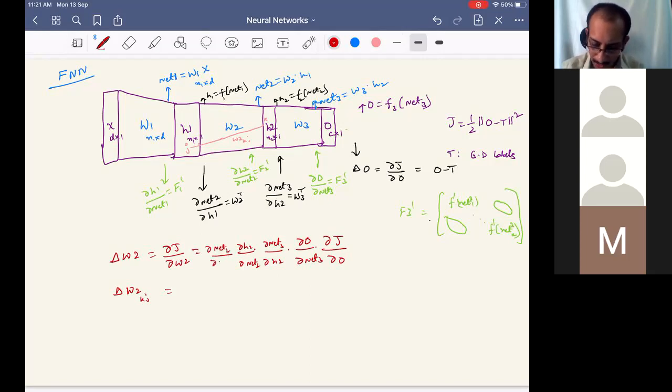Am I correct or not? This is one way of writing.